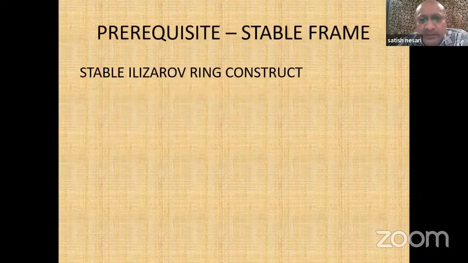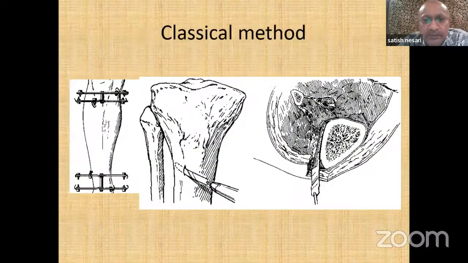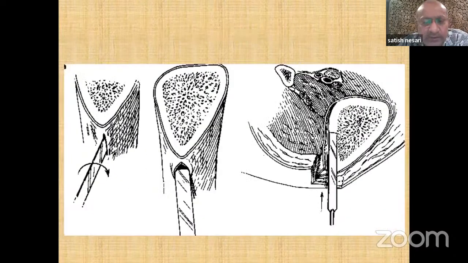As I said, a stable frame is a prerequisite before proceeding to the corticotomy. In the classical method, after applying a stable fixator, the connecting rods should be removed, and an incision is made on the shin of the tibia, and the periosteum is elevated all around, that is the lateral surface and the anteromedial surface of the proximal tibia, as shown in the figure.